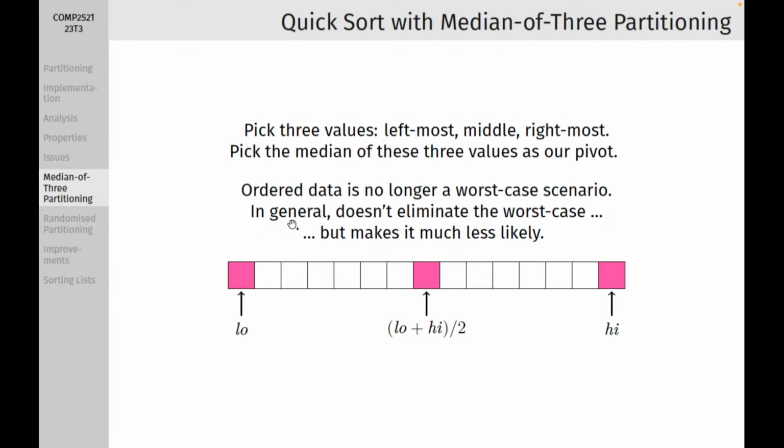This does eliminate the worst case of a sorted array and reverse sorted array, but it doesn't actually eliminate the worst case of O(n squared) completely. It is possible to generate input such that the function is still going to take O(n squared) time. You can try and think about how you could generate such an input. It's a fun exercise. But for real life data, it would make it much less likely to give you O(n squared) time.